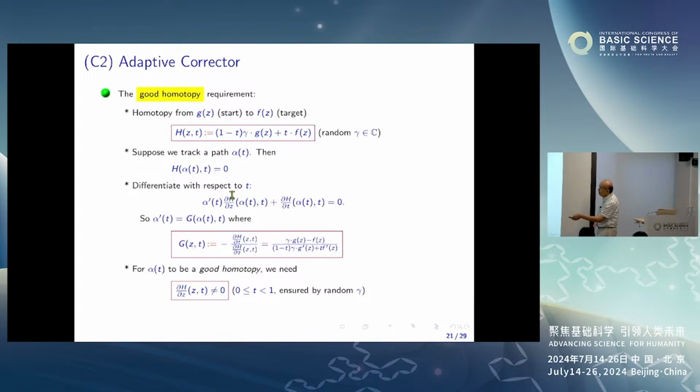And this expression, if you plug it back into this, is this very nice rational function. And basically, a good homotopy means this guy doesn't vanish. So at every point you have a direction to go. You cannot vanish. You cannot go to infinity. And this must not be 0.